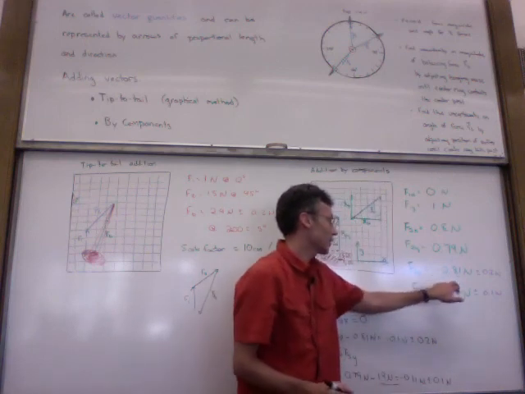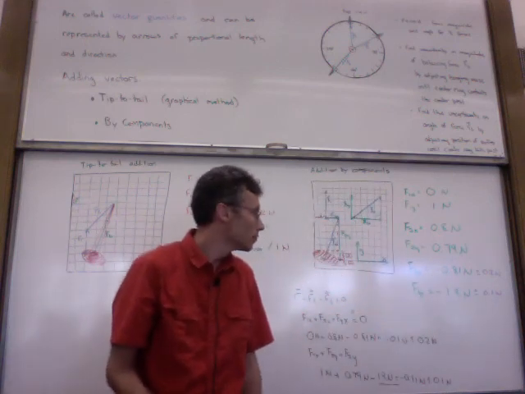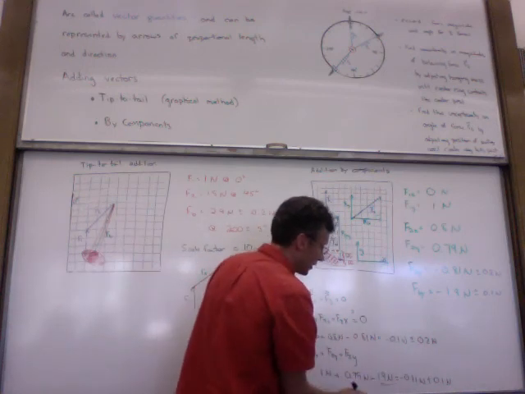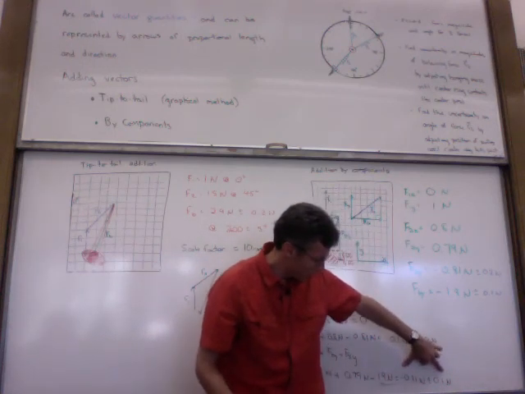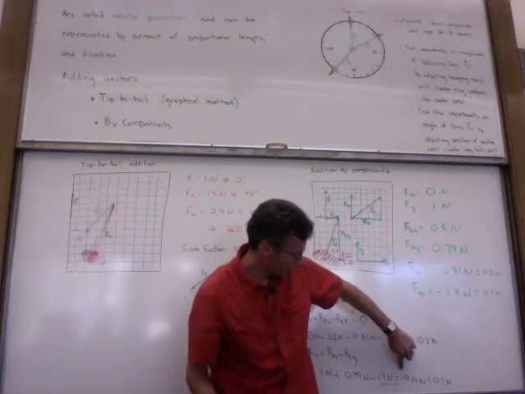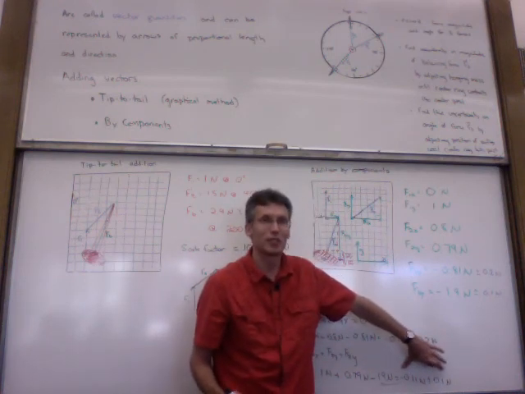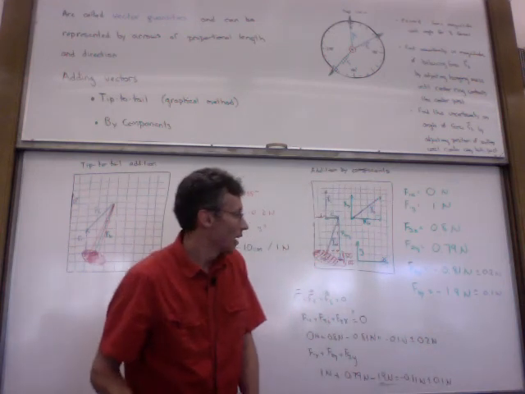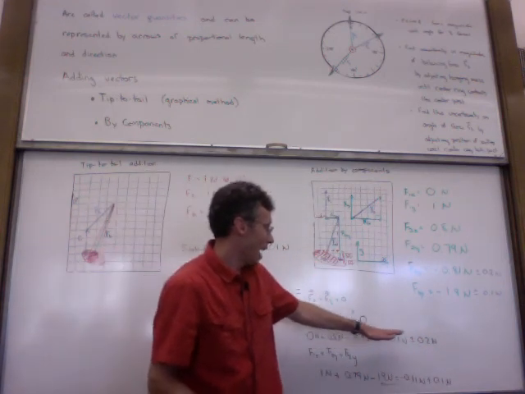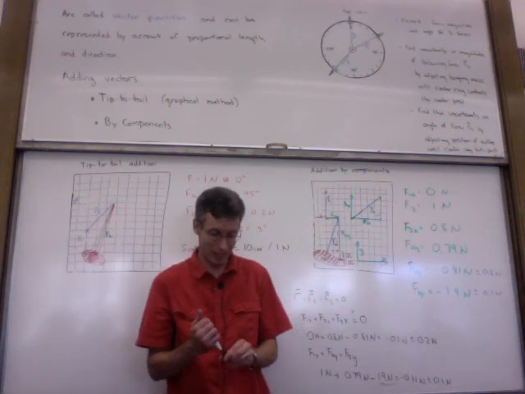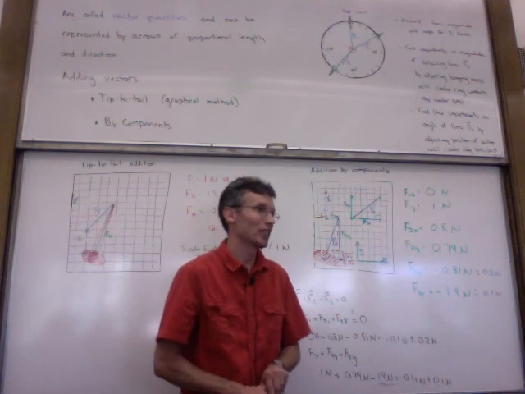Your uncertainty in x and y may not be the same. And in this case, if I look at my value over here, when I added up the y components of these three vectors, was my result equal to 0 within my measurement uncertainty? No, it wasn't. So, given that the x components add to 0, but the y components don't, what can I conclude about my vector addition?